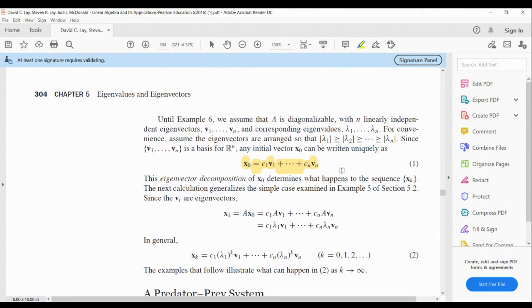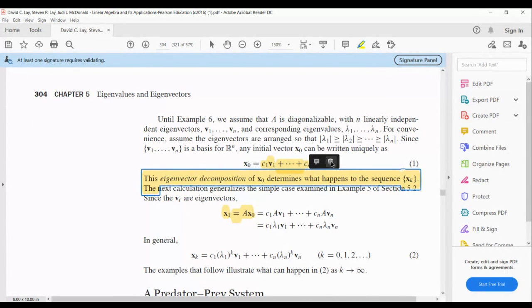The decomposition of x naught determines what happens in your sequence. For instance, x1 is equal to A times x sub 0.